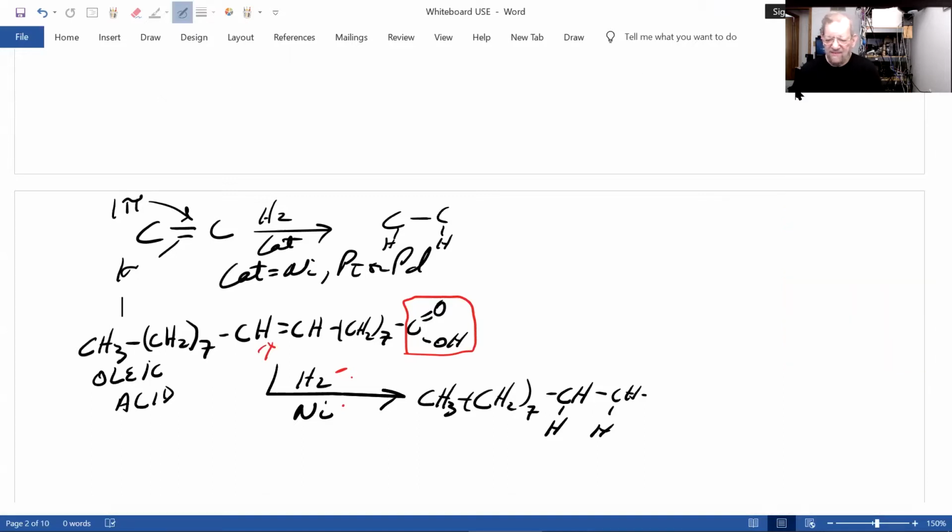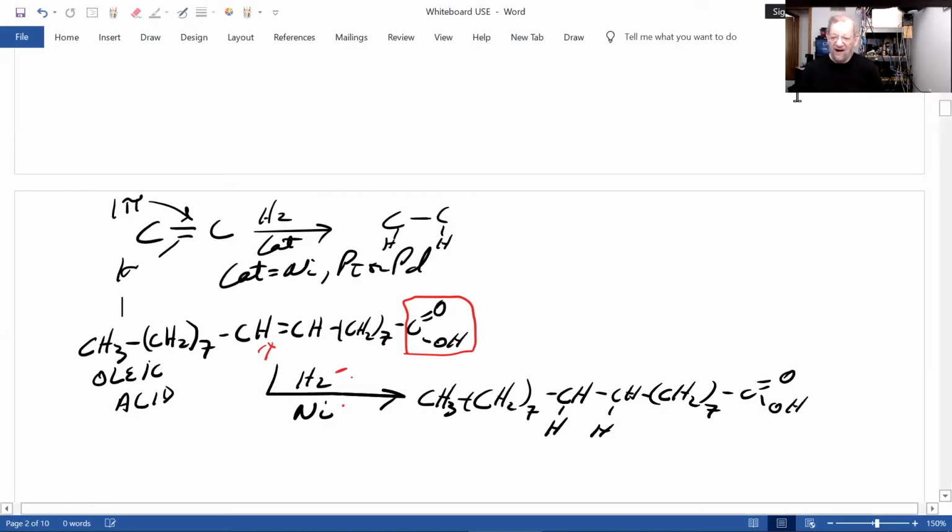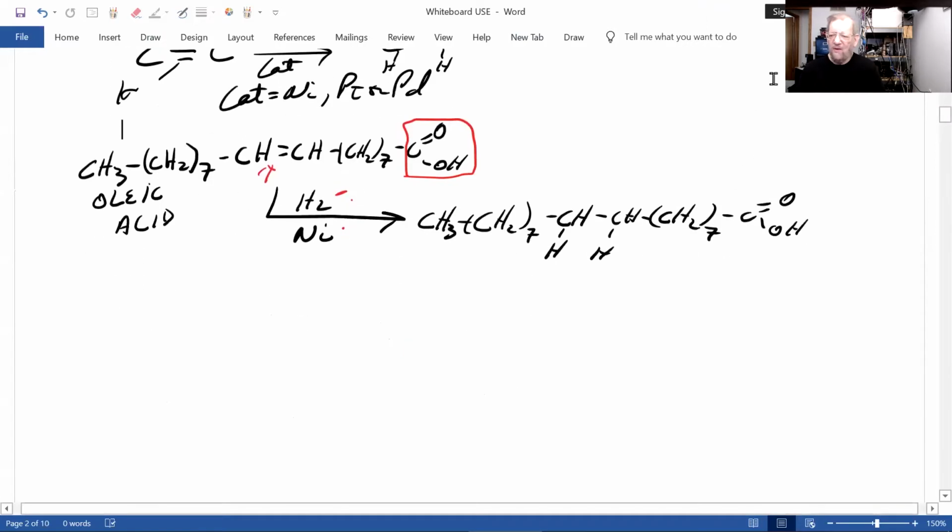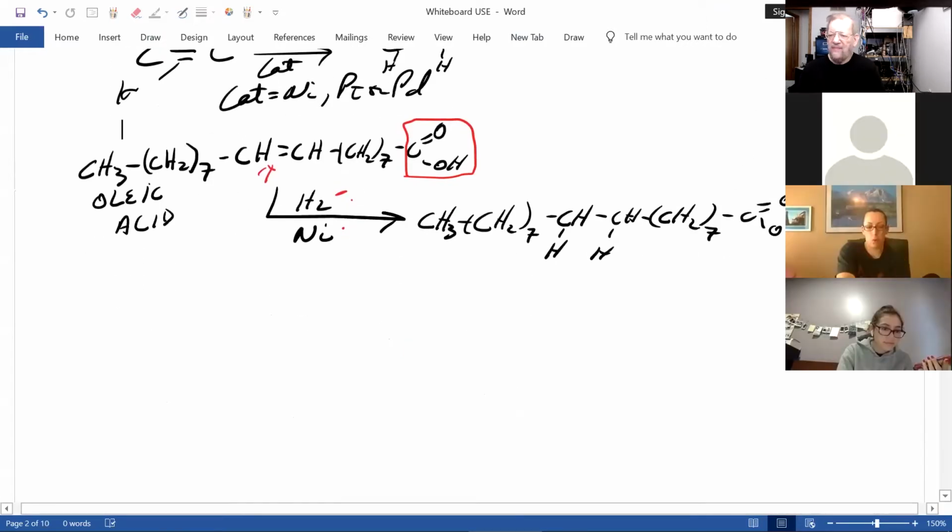And then I get this molecule. Now, I'm going to rewrite it. And let's take a look at this. I have a CH3. Now I have 7 CH2s, but here's a CH2, here's a CH2, plus 7 more.